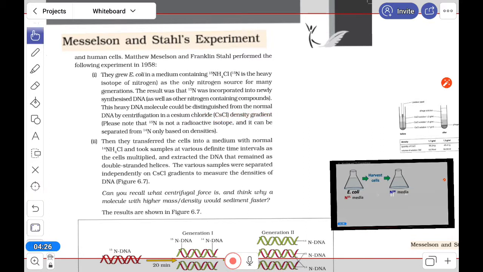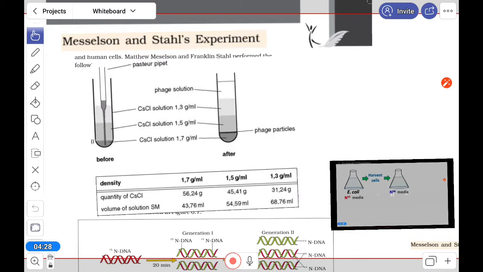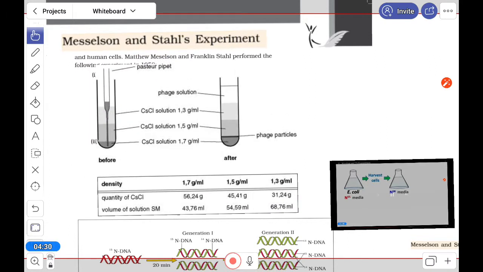If something is more dense, it is found at the bottom; if less dense, then above. In that way it makes layers.